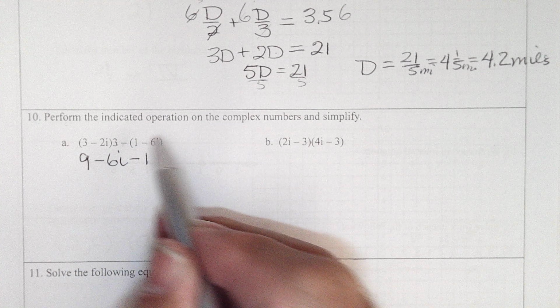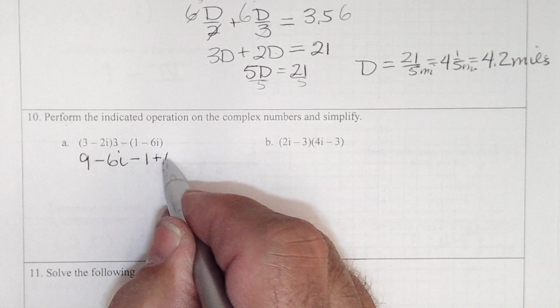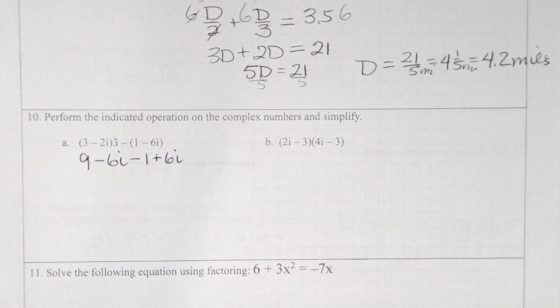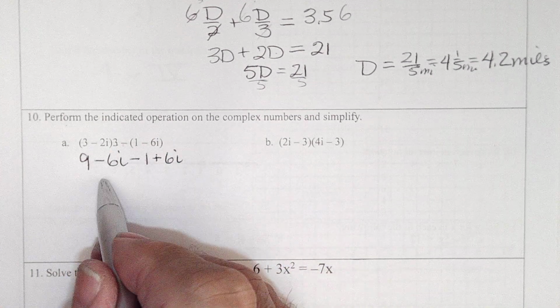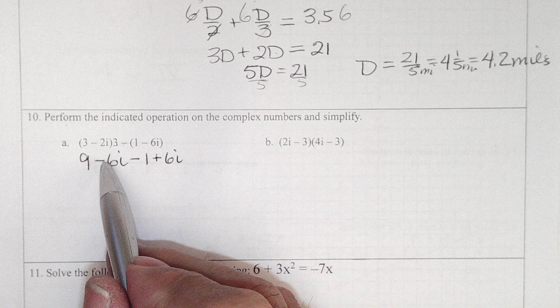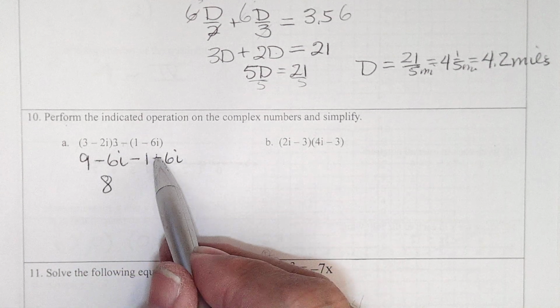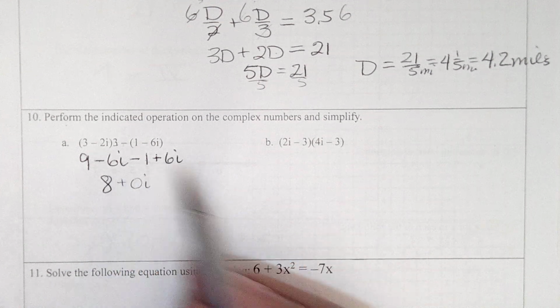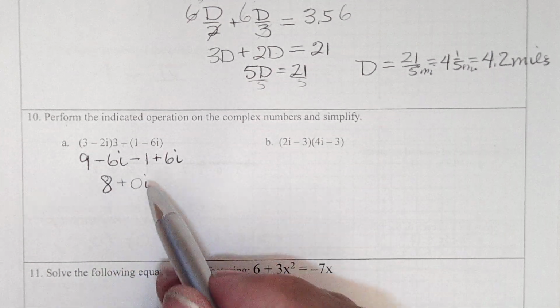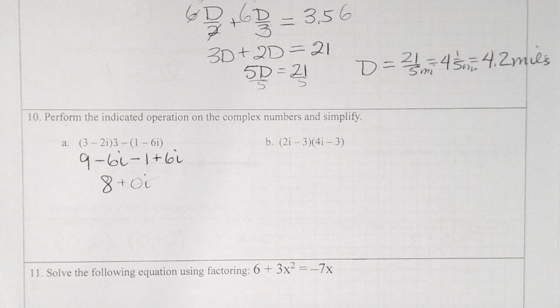And minus a minus 6i is plus 6i's. Combine like terms, so we have 9 minus 1, 8. And minus 6i plus 6i's is no i's. They cancel each other out. Now you can leave the 0i off if you want. You don't have to put it on there.